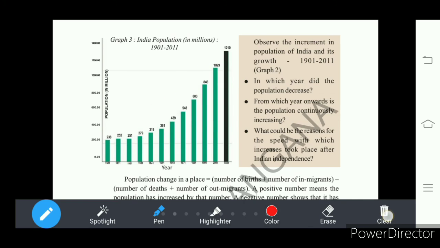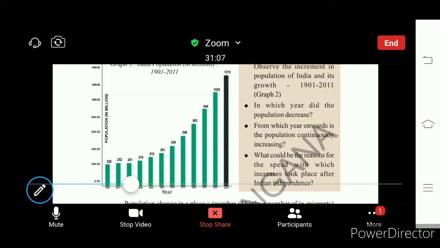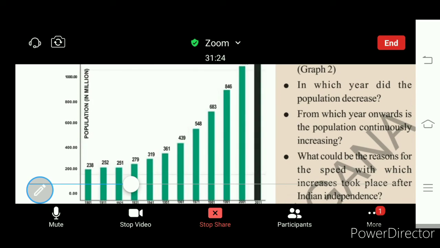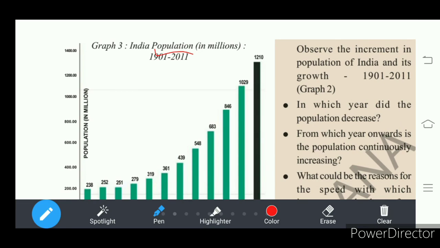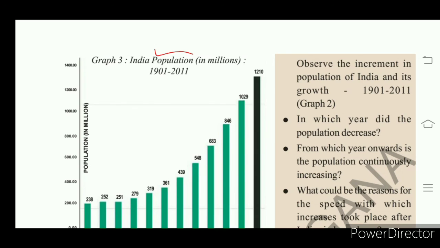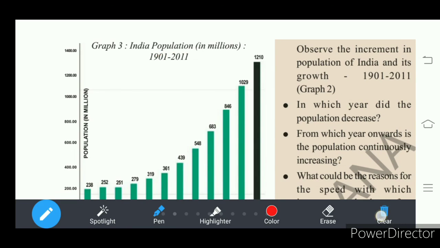So it means that the population increased. That means India's population is steadily increasing from 1901 to 2011, right? From 1901 to 2011 the population increased.